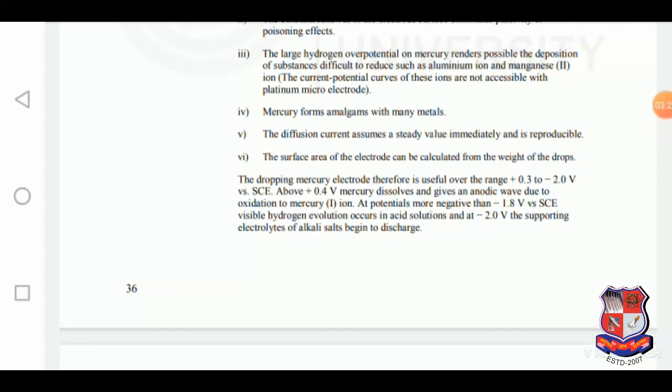Mercury forms amalgams with many metals. The diffusion current assumes a steady value immediately and is reproducible. The surface area of the electrode can be calculated from the weight of drops. The dropping mercury electrode is therefore useful over a range of plus 0.32 to minus 2.0 volt.